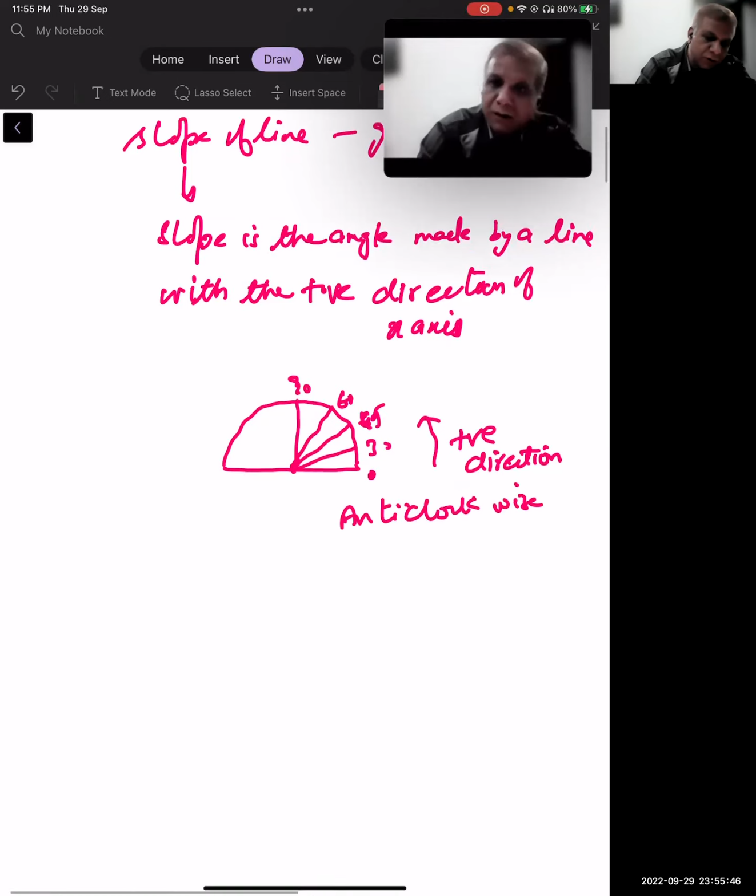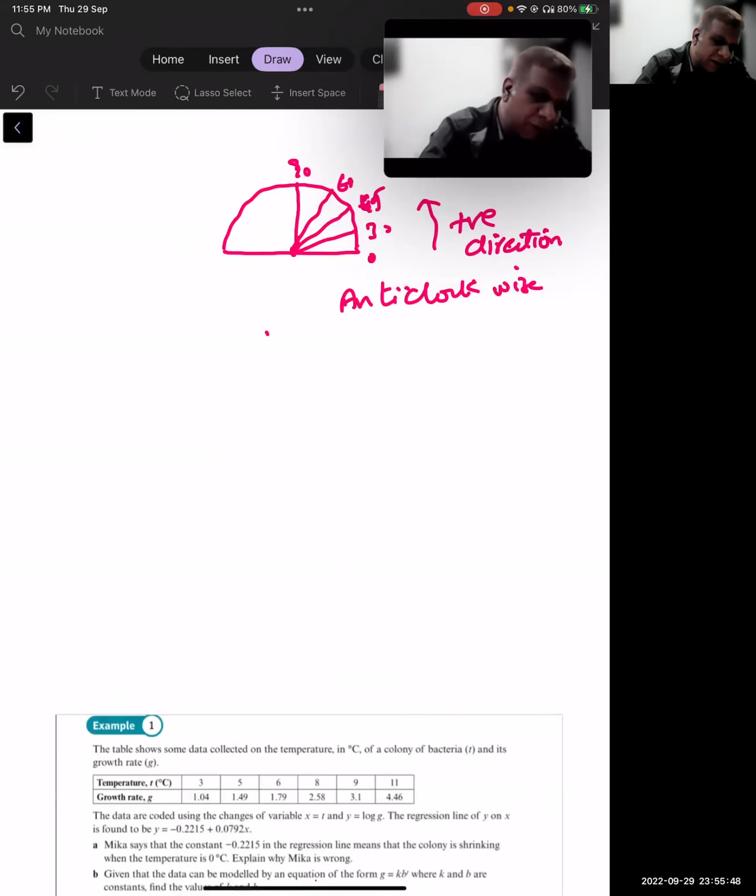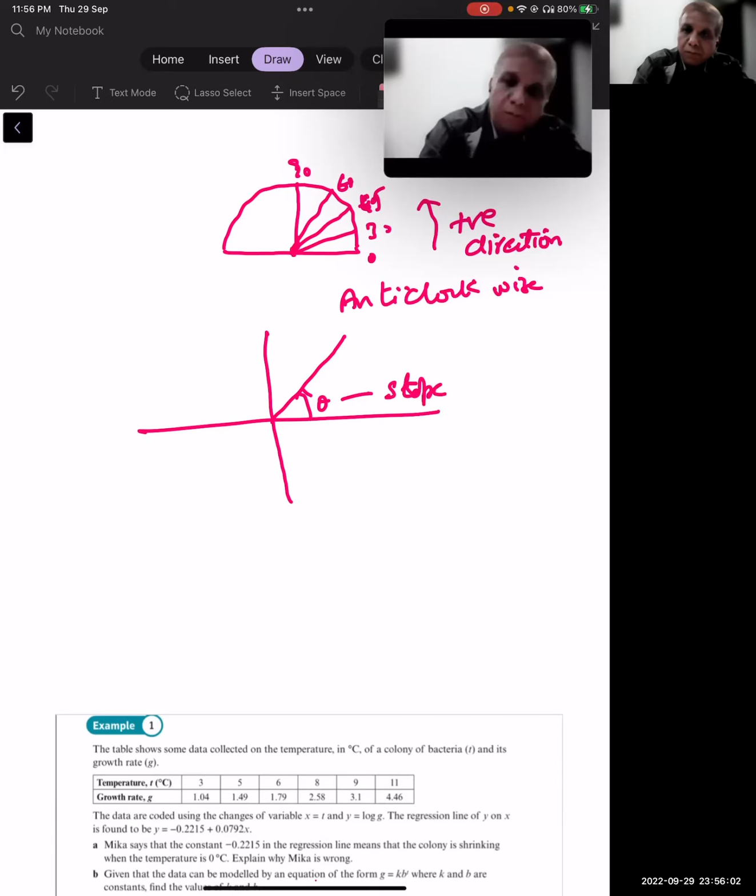Got it? So if this is the graph paper and this is the line, that means this is the positive direction. If this is the angle, this is known as slope. Now this slope is always shown in the form of tan theta.